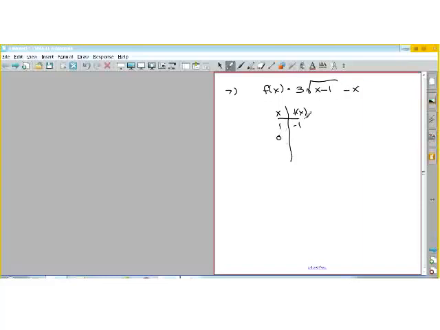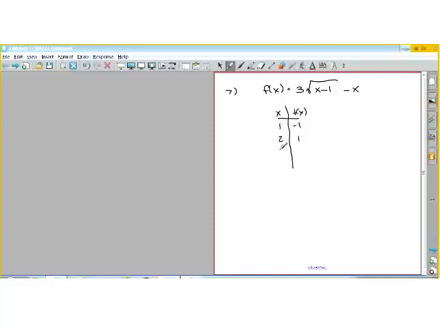And if you do 0, zeros can't be that small, so we have to go to the next number, 2. If we do 2, we'll get 2 minus 1, which is 1. Square root of 1 is 1. 3 times 1 is 3, minus 2, so that's 1. I don't know, let's just try another.